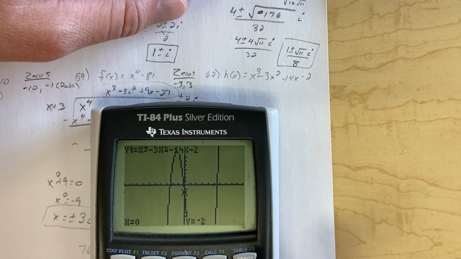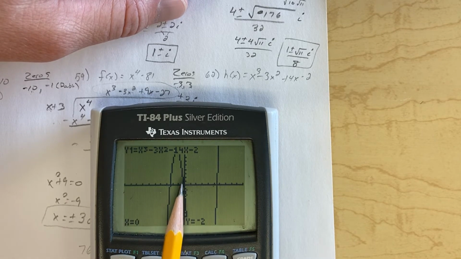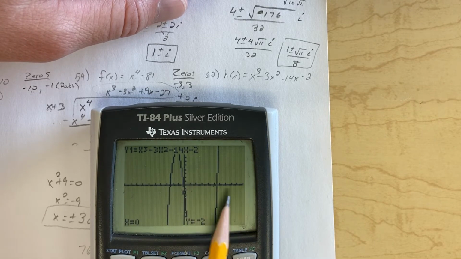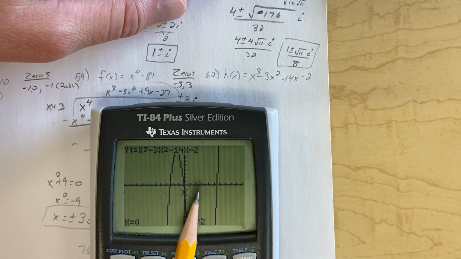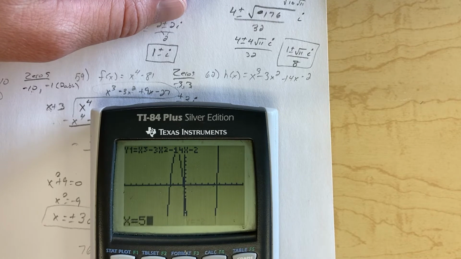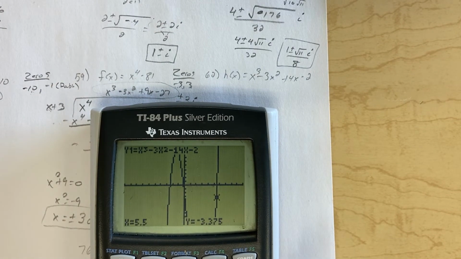So if I hit trace 0, it's close but not there, right? Close but no cigar. If I look here, I got 1, 2, 3, 4, 5, 6, 1, 2, 3, 4, 5 and a half, maybe 5.5. Again, really, really close, but not happening there.